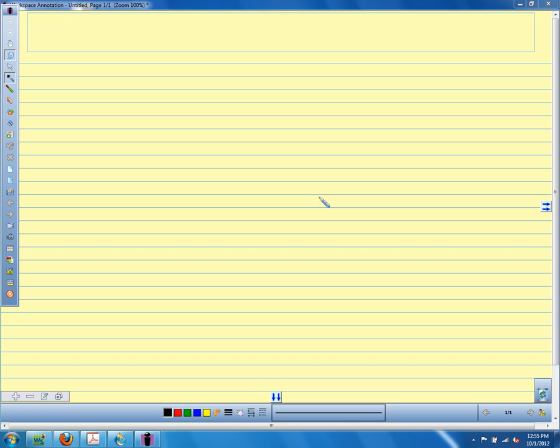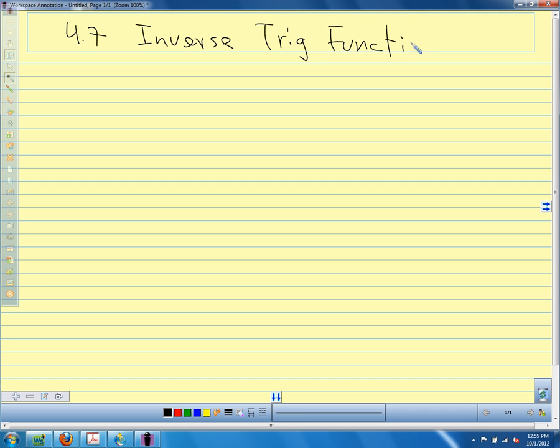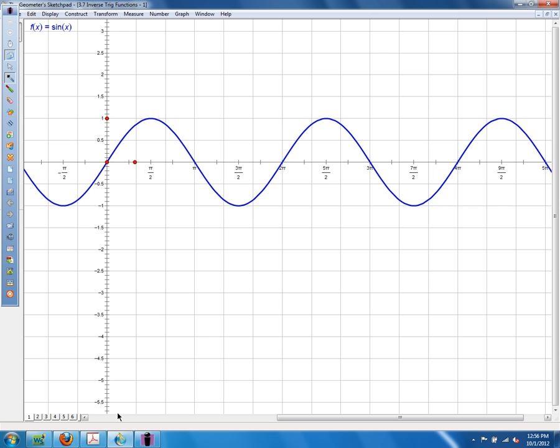We're in section 4.7, and we're going to go into a little more detail about inverse trig functions. So let me grab a picture of just a regular sine function.